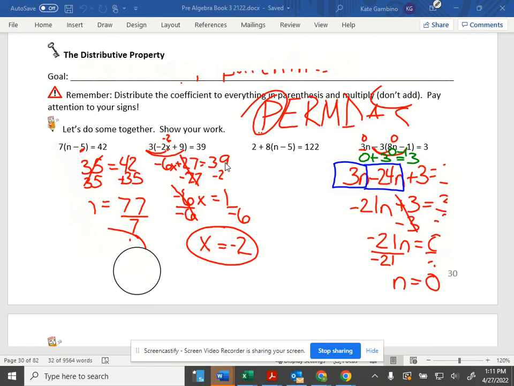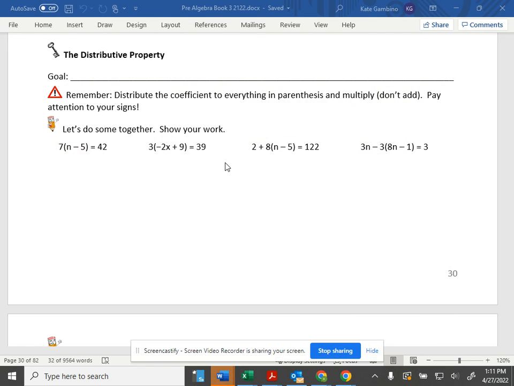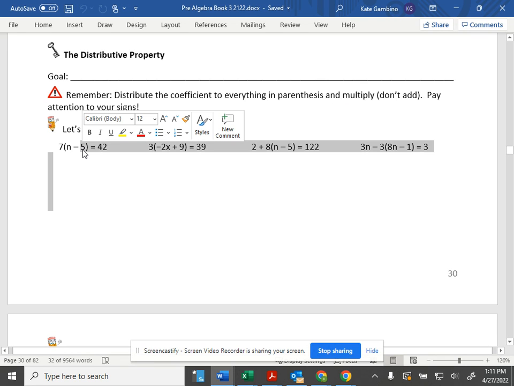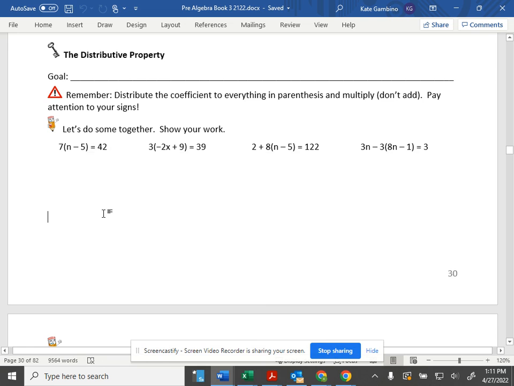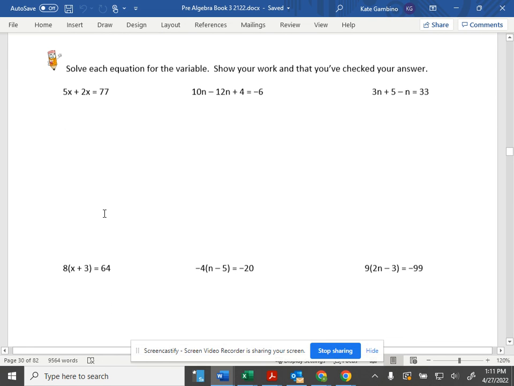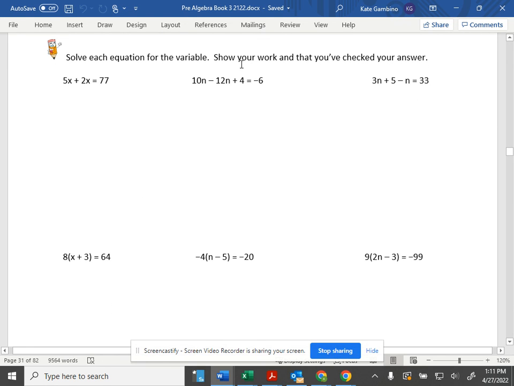So, our homework for today. Okay, the homework for today is you're going to solve for each variable. Show your work and that you checked your answer.